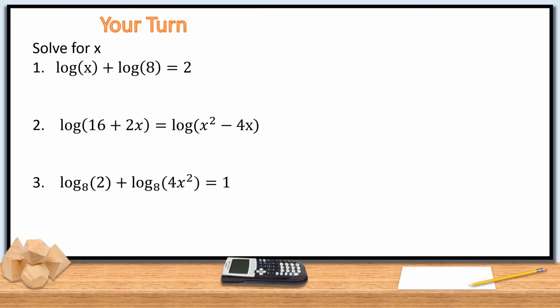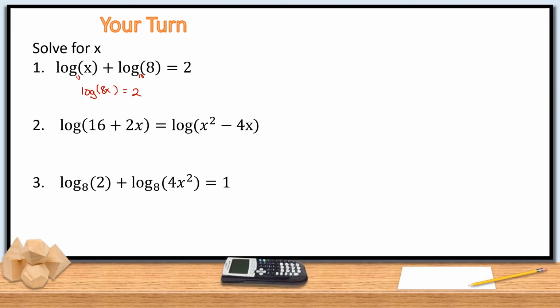All right, so we have log of x plus log of 8 equals 2. So remember, log is a common log. It means it has a base of 10. So these both just have base 10. If we see two logs with the same base added together, we can multiply. So that is log of 8x is equal to 2.